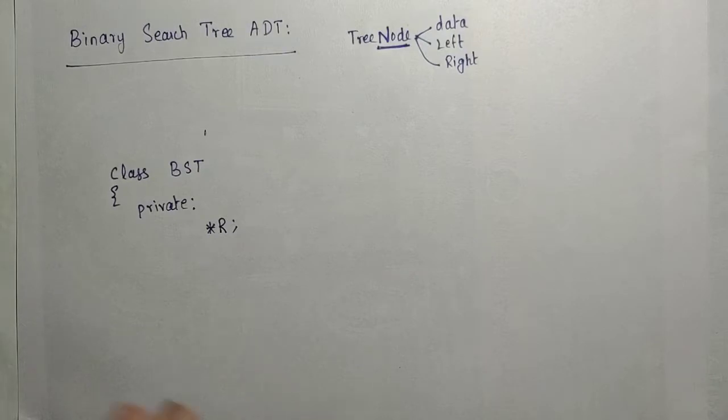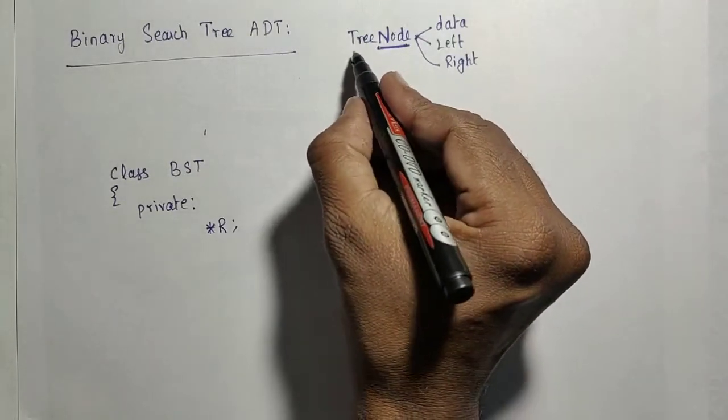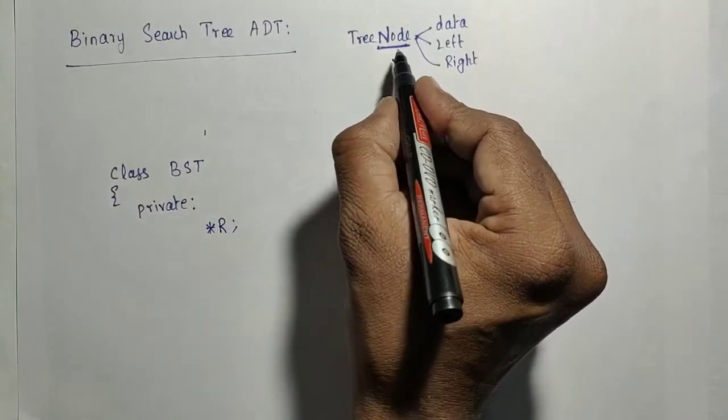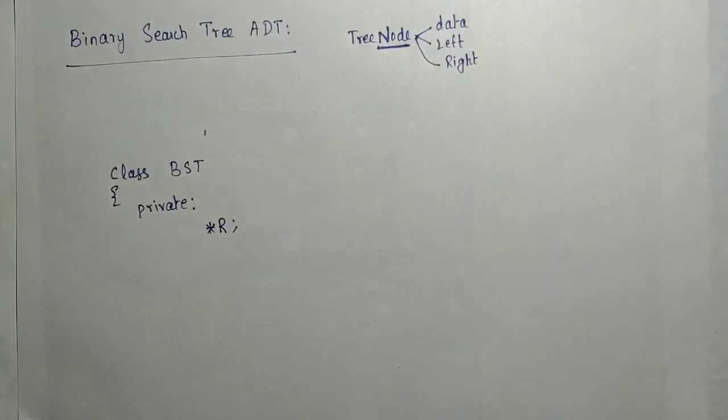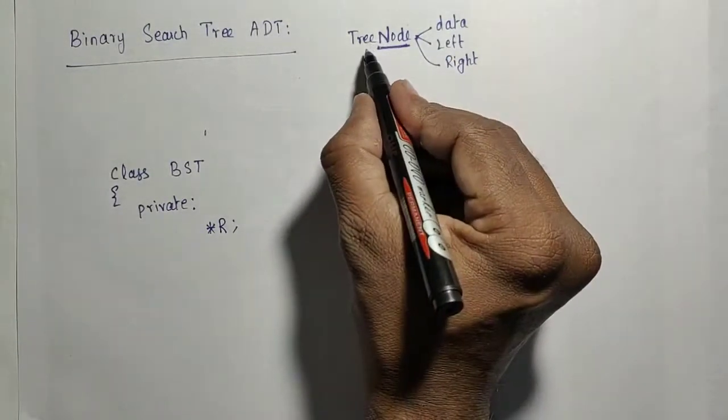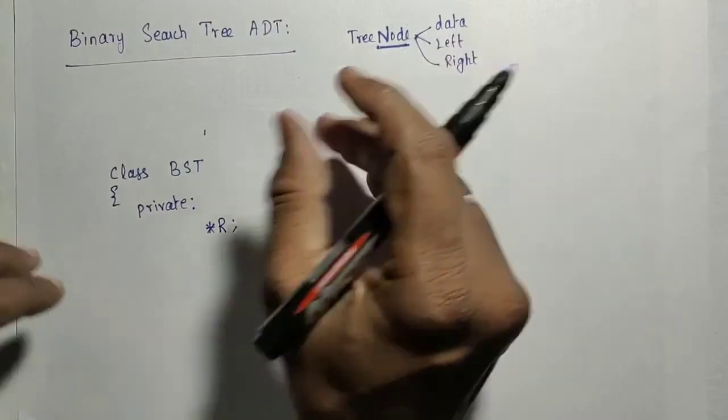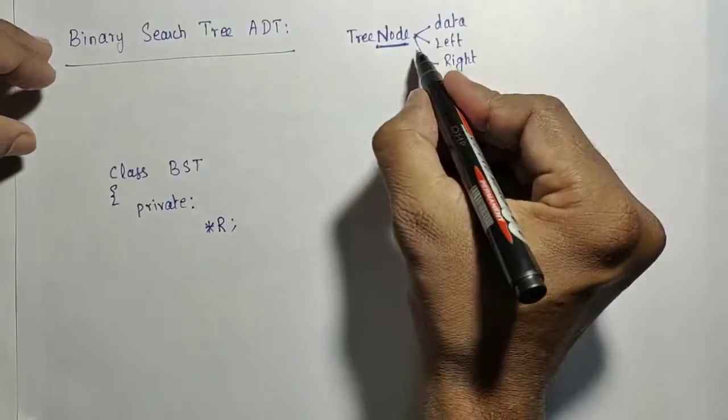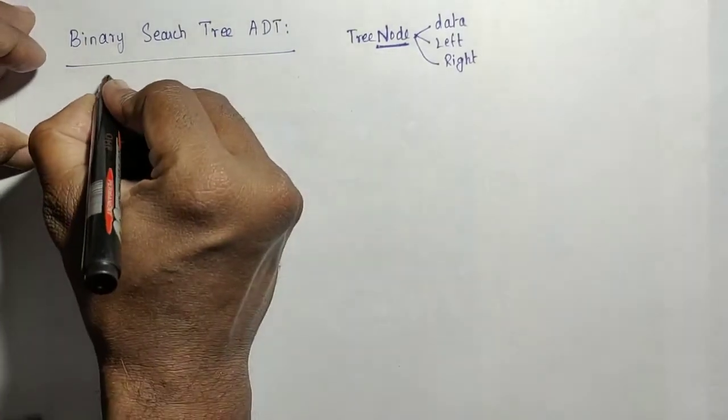Or we can say it is a binary tree node. It is up to you how you name it. Now I'm going to name it tree node. So now I need to create a structure first.